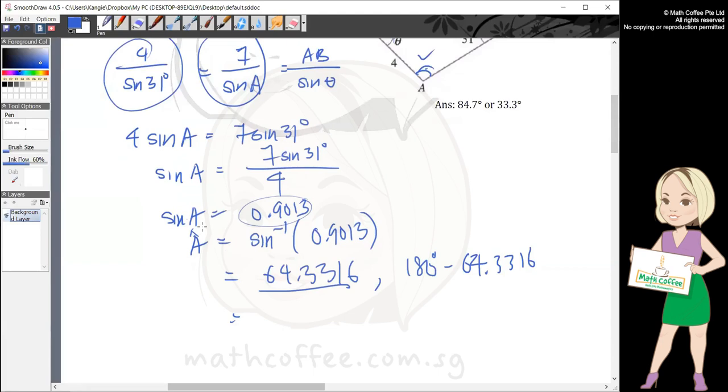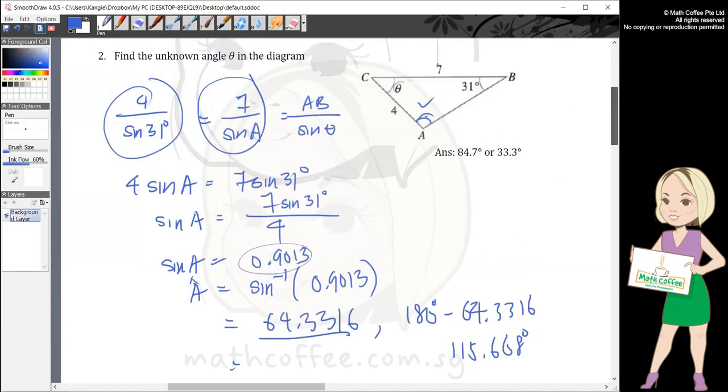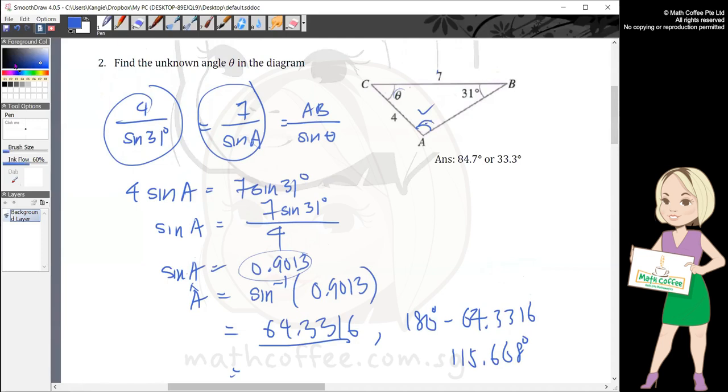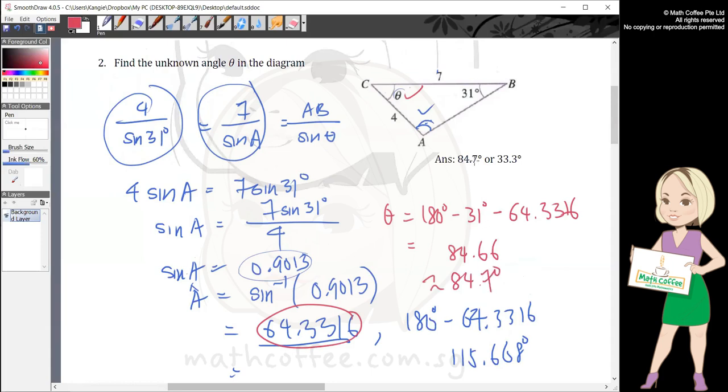The second one is 115.668. So I will have two answers for my theta as well. My theta is 180 degrees minus 31 minus this first one. So 180 minus 31 minus 64.3316. I get 84.66, rounded off to 1 dp, 84.7 degrees.